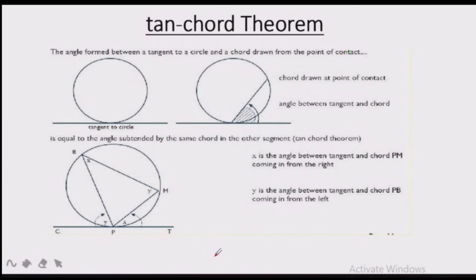For instance, if we have this as my tangent, and then I would have this as angle X, and then this is my chord, this angle between a tan and a chord, and the angle that is subtended by the same chord, these two angles would be equal.